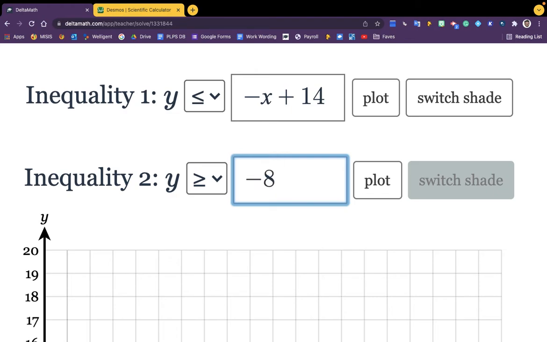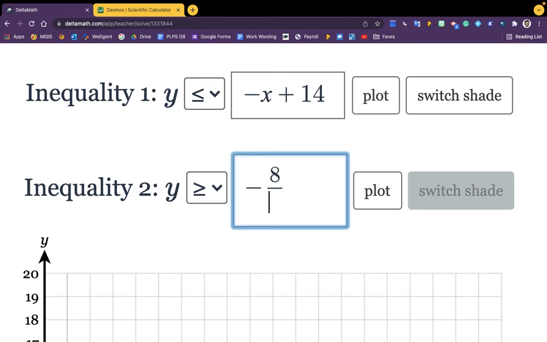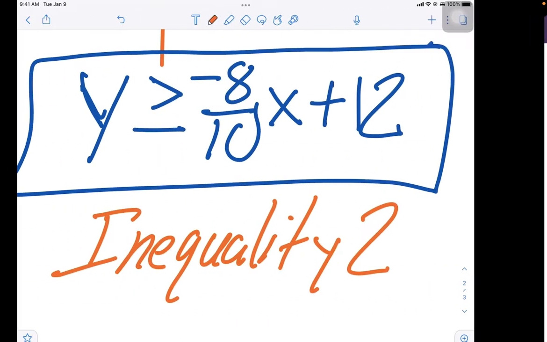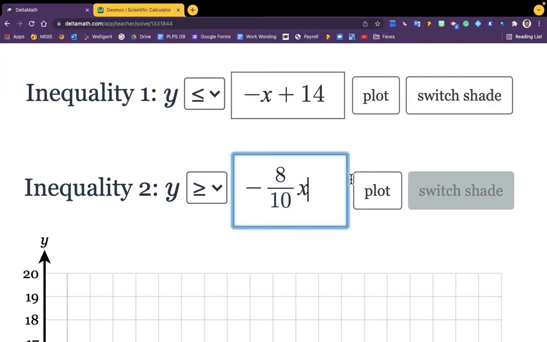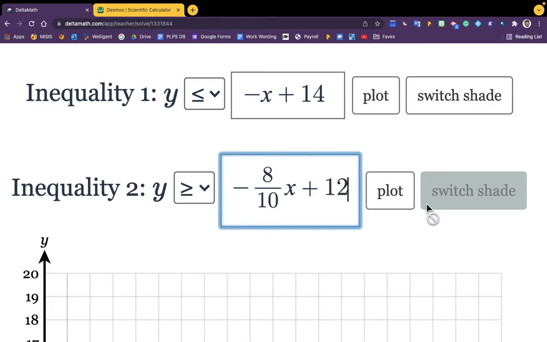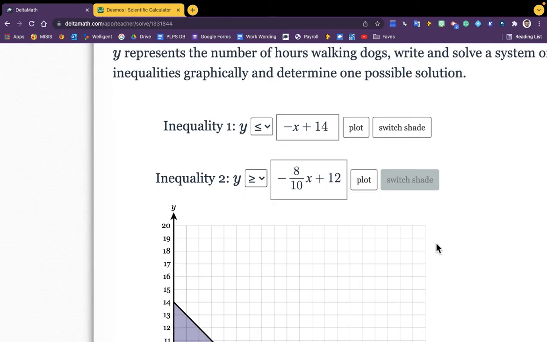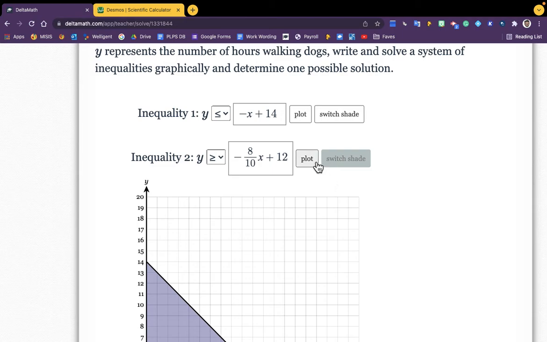Negative 8 over 10, and then I hit my arrow to the right, x, what was it again? Plus 12. Okay, there you go. I have my two inequalities, and I'm going to plot that.